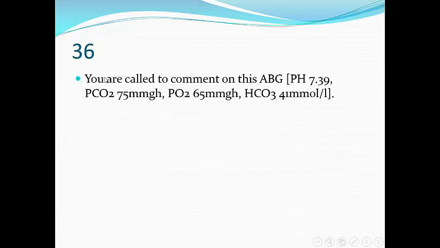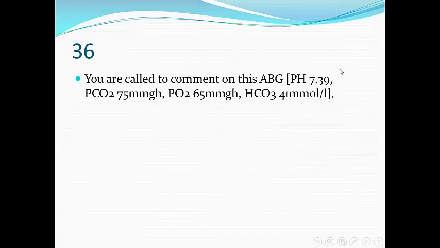If the increase of bicarb is compensation for respiratory acidosis, it shouldn't be more than 35. That means this bicarb of 41 per se denotes metabolic alkalosis. This is rule 1. Rule 2: if this is metabolic alkalosis and the PCO2 is increasing as a compensation, compensation never makes a normal pH.